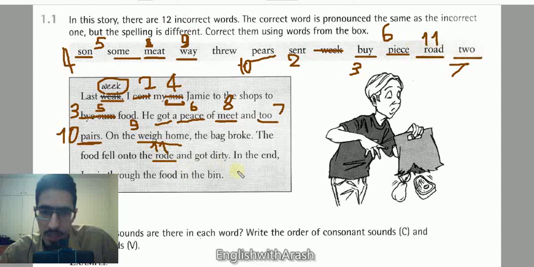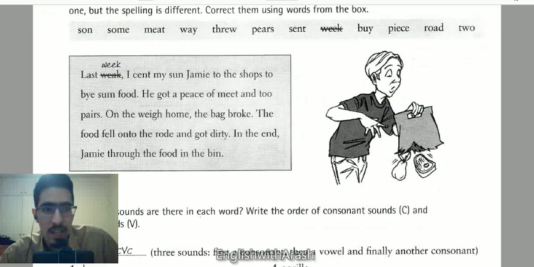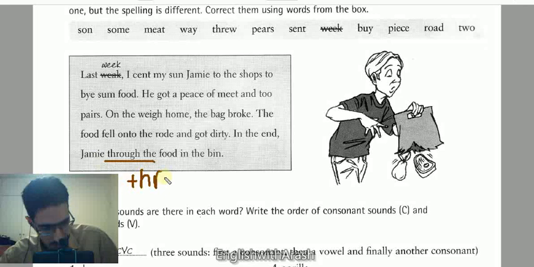And got dirty. That's okay. In the end, I don't see here. Threw the food in the bin. So let me just see what we have. Through. We have through, and we just have through, so that's probably the last one. Jamie, yeah, that's the past form of throw.